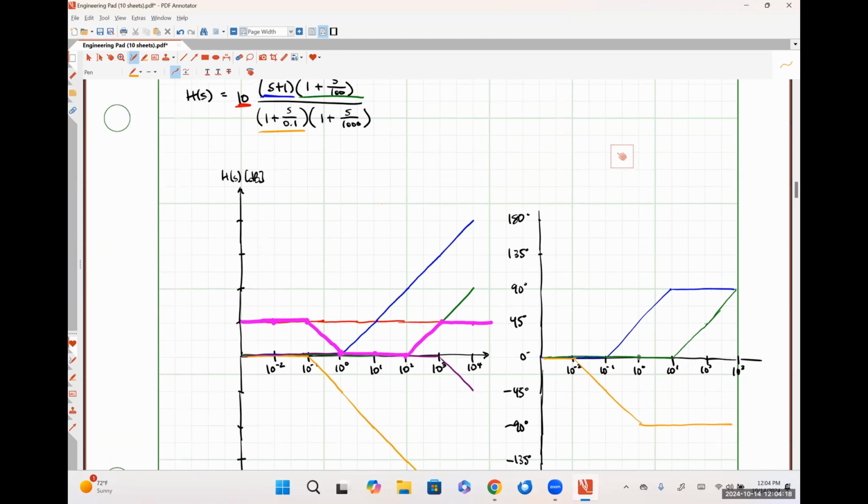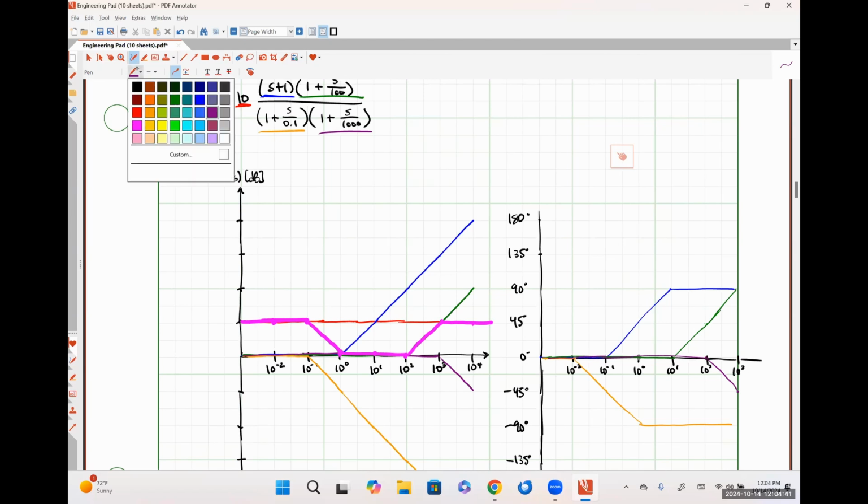And then I didn't underline that one, but it looks like I was doing that one in purple. So at 10 to the 3, I should be here. And let's just add all these things together. And I did that in this color. Okay. Yes.